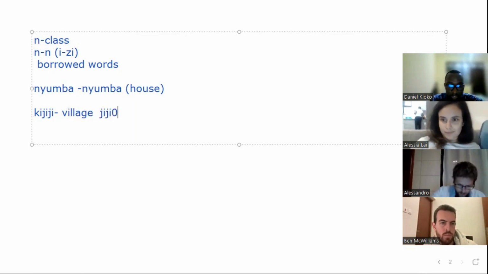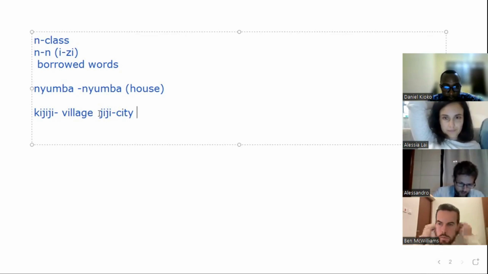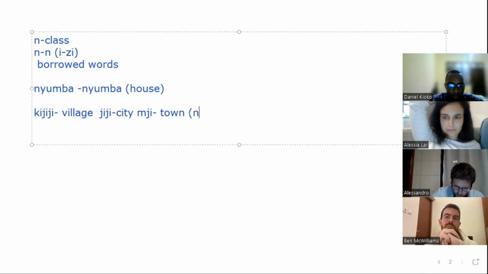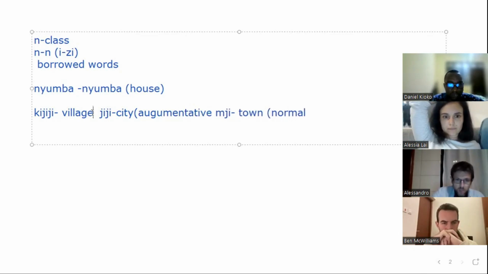And then jiji is a city, and mji is town. In Kiswahili we always have different categories. Okay, I'm just mentioning, don't worry about it. This will be the augmentative, because we'll still do it later, and then this is the diminutive.